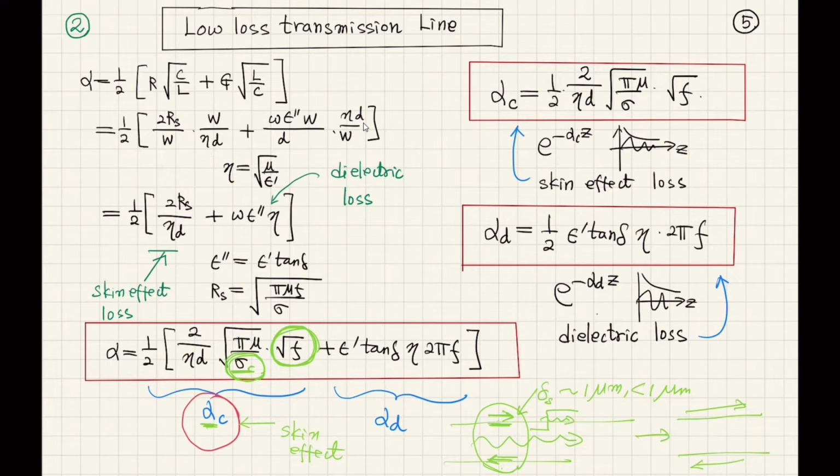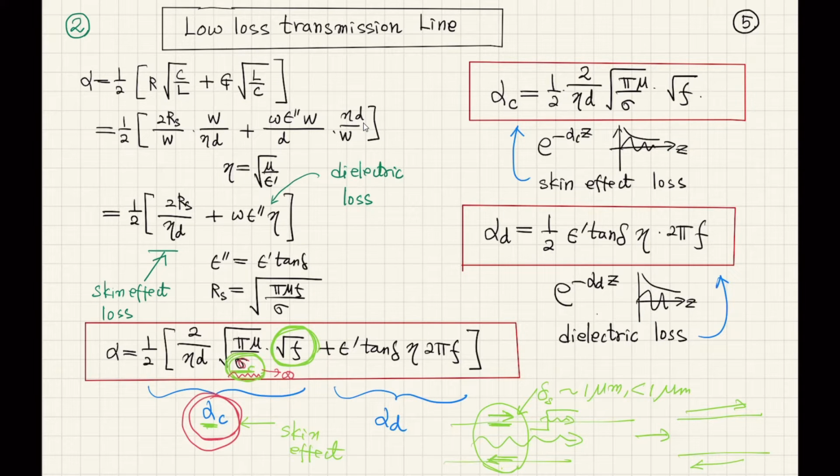Similarly, if we put our interconnection system at superconductor conditions, the conductivity becomes infinite, and you're going to have zero attenuation constant due to the skin effect loss.